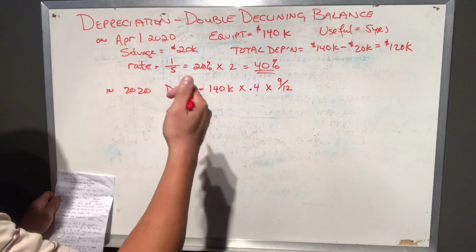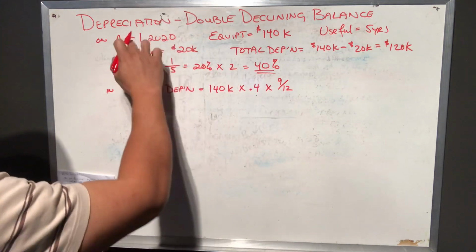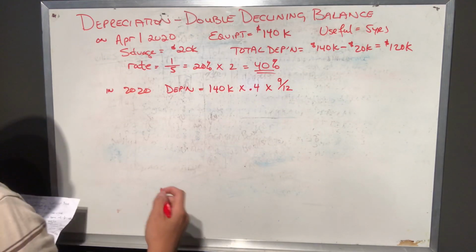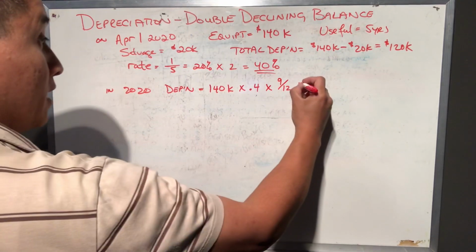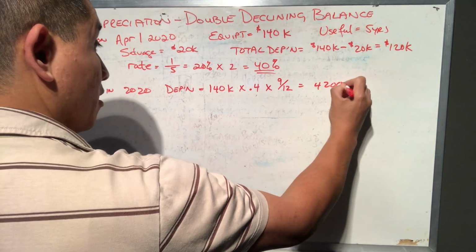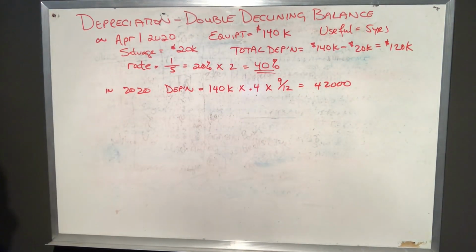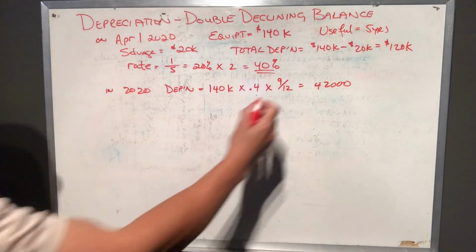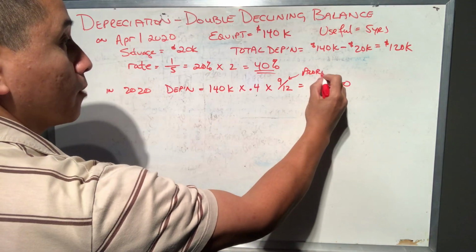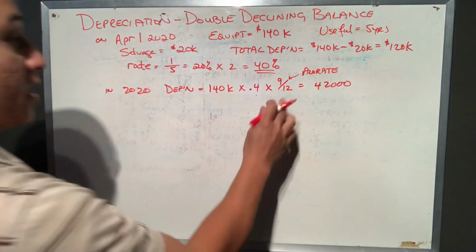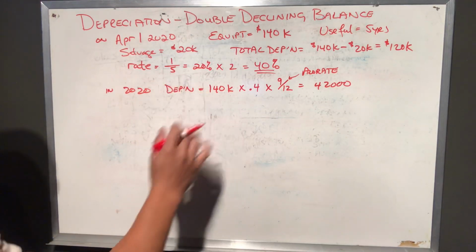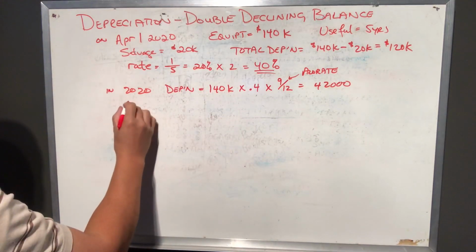So we're going to be counting from April 1st all the way to December 31st. So that will be yielding $42,000. Remember, this is what we call proration. So we're prorating the depreciation based on not a full year's worth of depreciation taken.